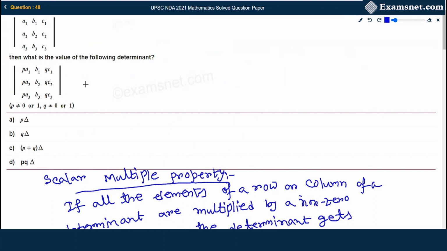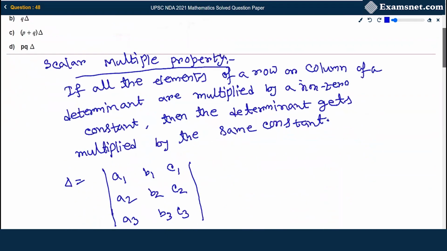Now, if I multiply Q with all the elements of the third column, it becomes QC1, QC2, QC3, correct? If I multiply a scalar quantity like Q with all the elements of a column, then the given determinant is also multiplied by Q, right?